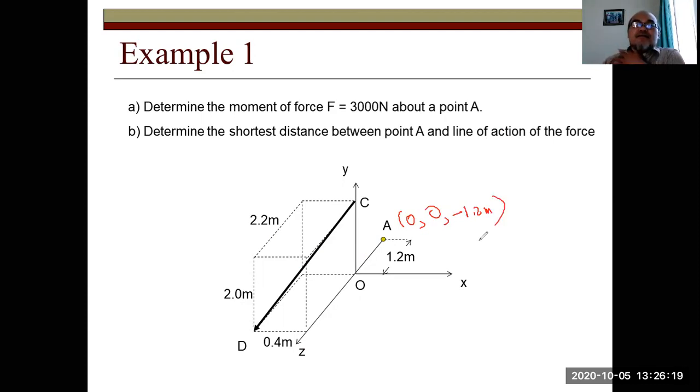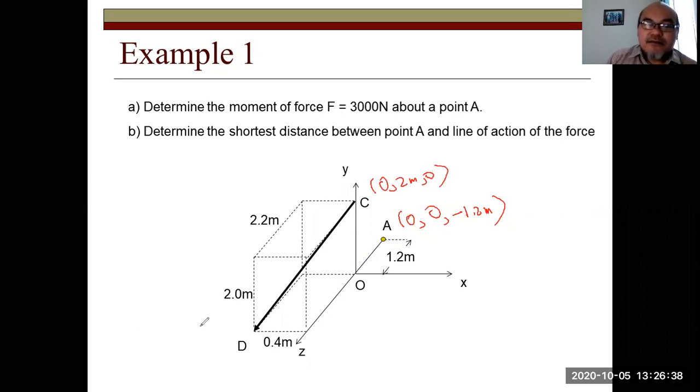The vector from C to D has known coordinates. The C coordinate is: x is 0, y-axis is 2 meter, z-axis is 0.